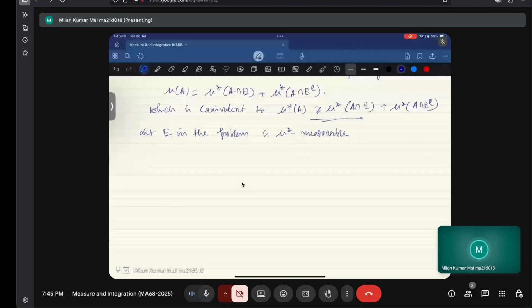For the outer measure, we have positiveness, we have monotonicity, we have the empty set measure is 0, but what else can we have?